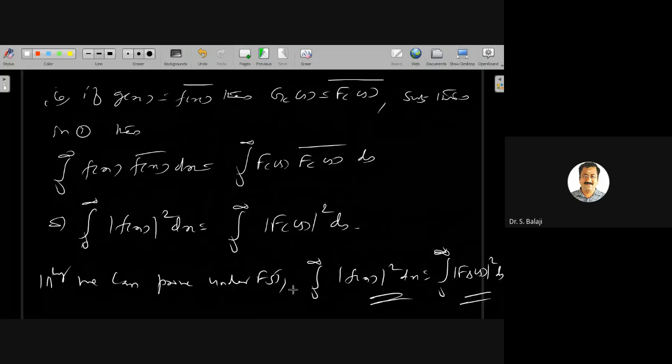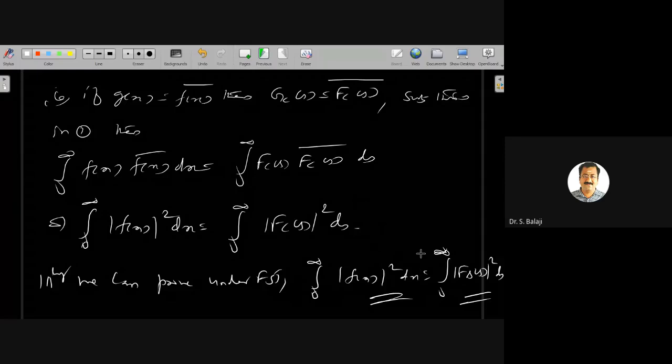Similarly, you can prove the same result for the Fourier sine transform: the integral from 0 to infinity of mod f(x) square dx is equal to the integral of mod fs(s) square ds. The same type of idea works.